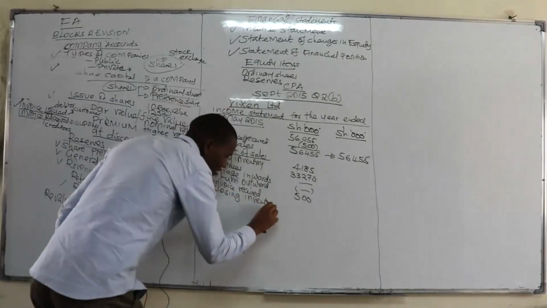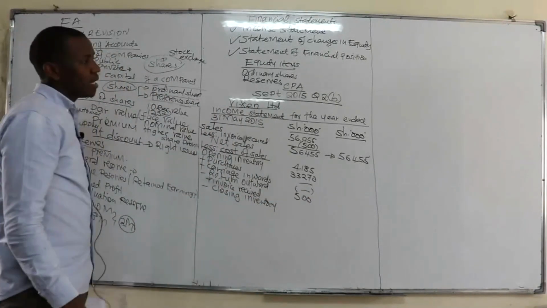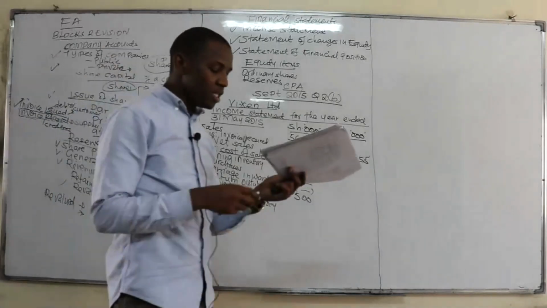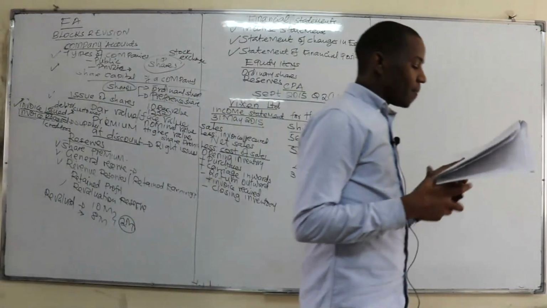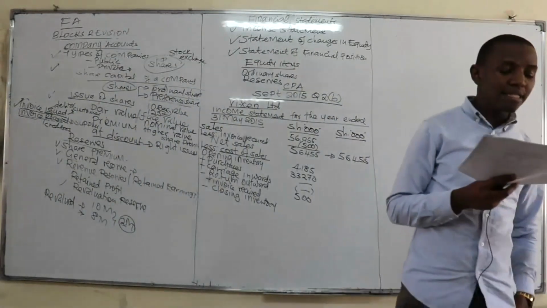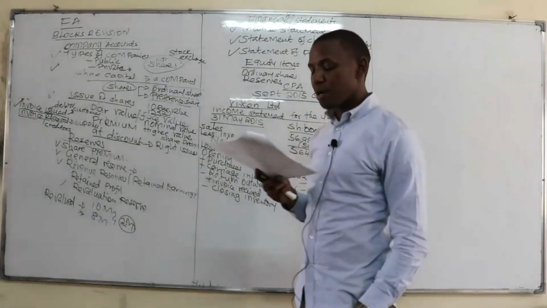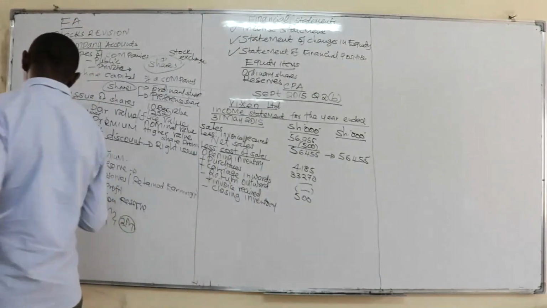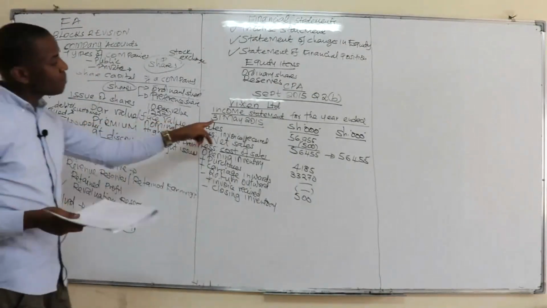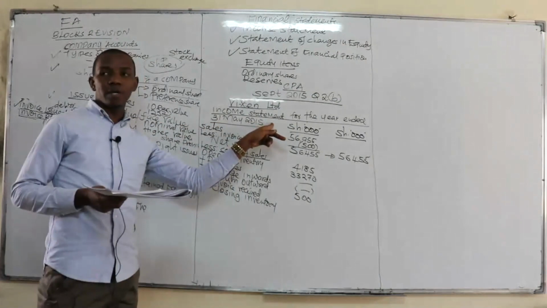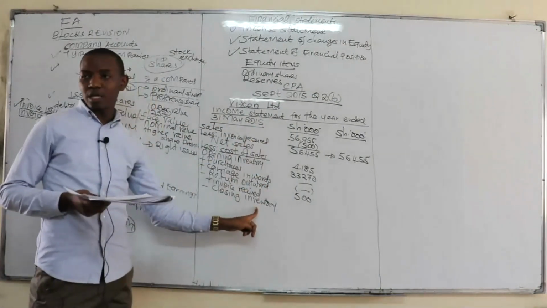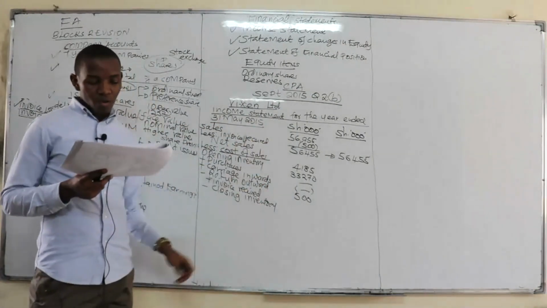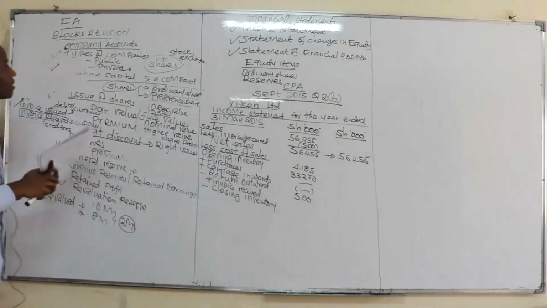And the closing inventory, listen here. When you check on additional information number 1, the cost and net realizable value of the inventory as at 31st May 2015, that May is our end of the year, which in this case we want to know the closing inventory, was 4,200.